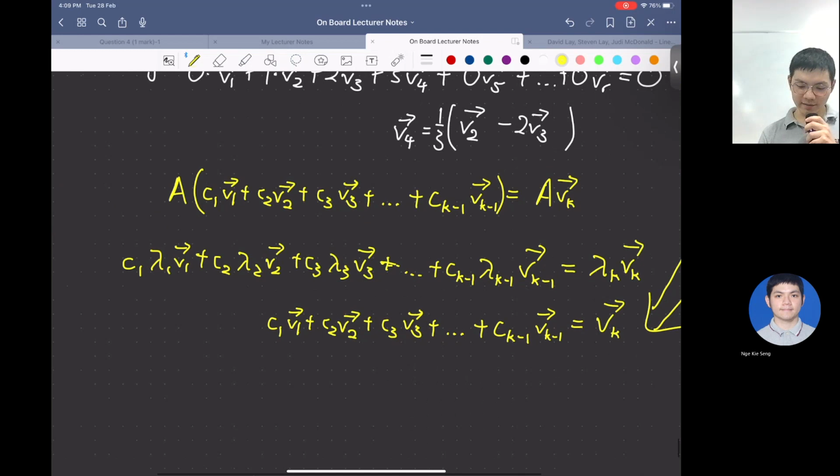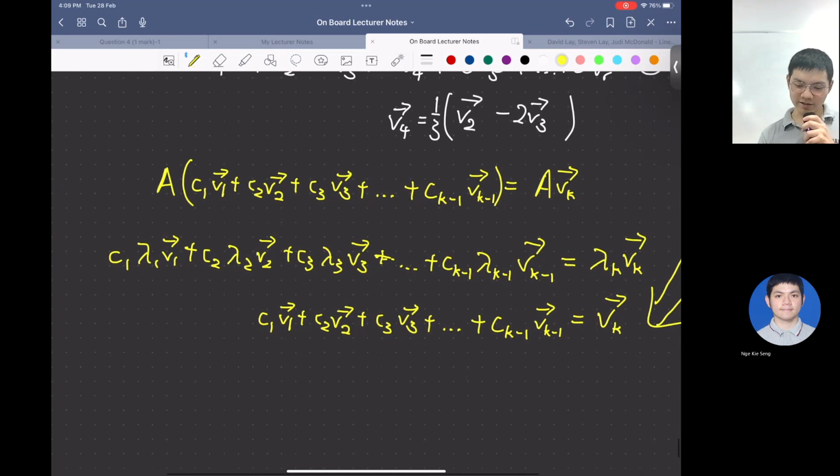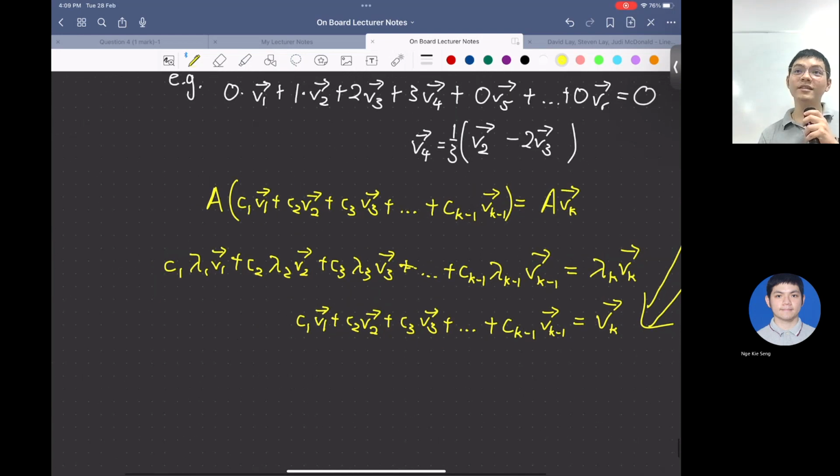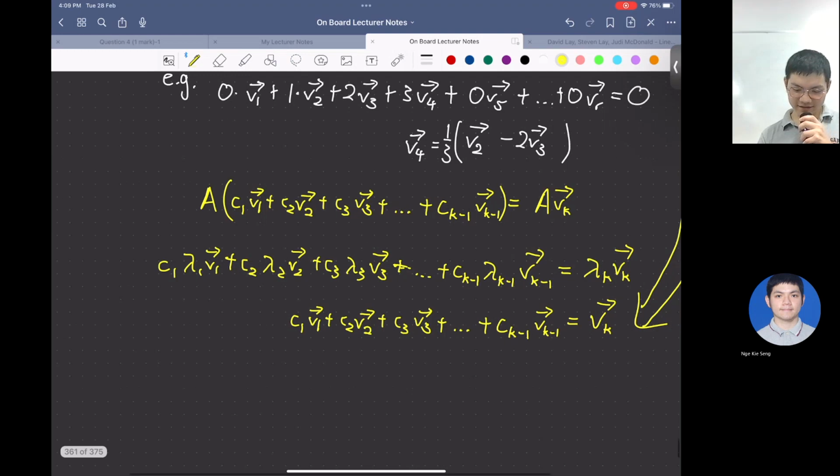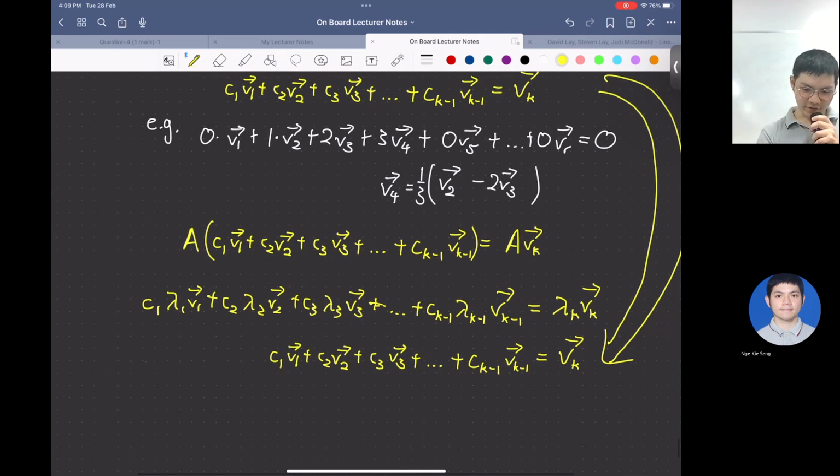We have learned so many substitutions, right? So how to substitute? They both have a lambda k Vk here. Can we substitute or not?